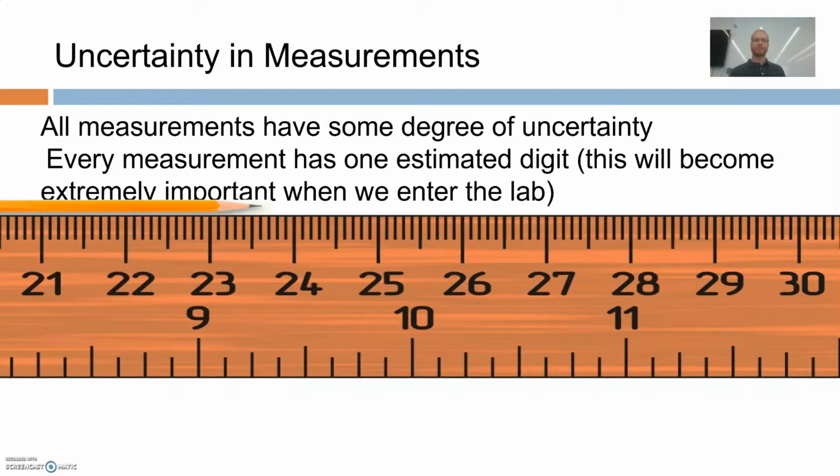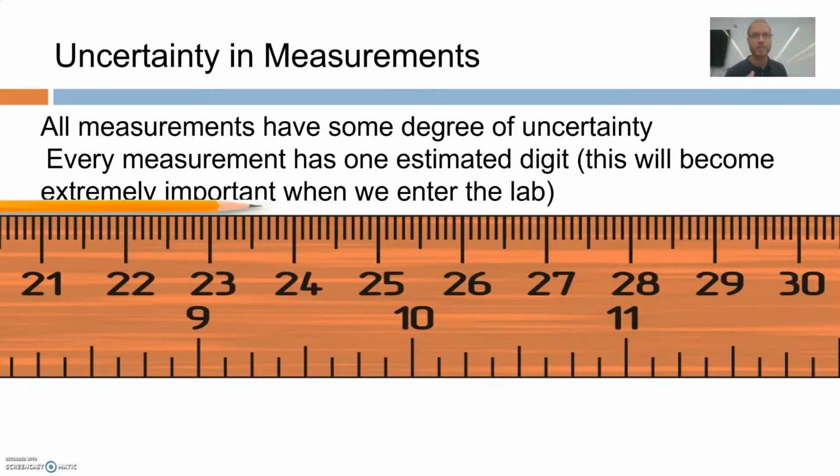So we have to figure out what the limit of measurement is for any given measuring device, because every measuring device has a limit of uncertainty.